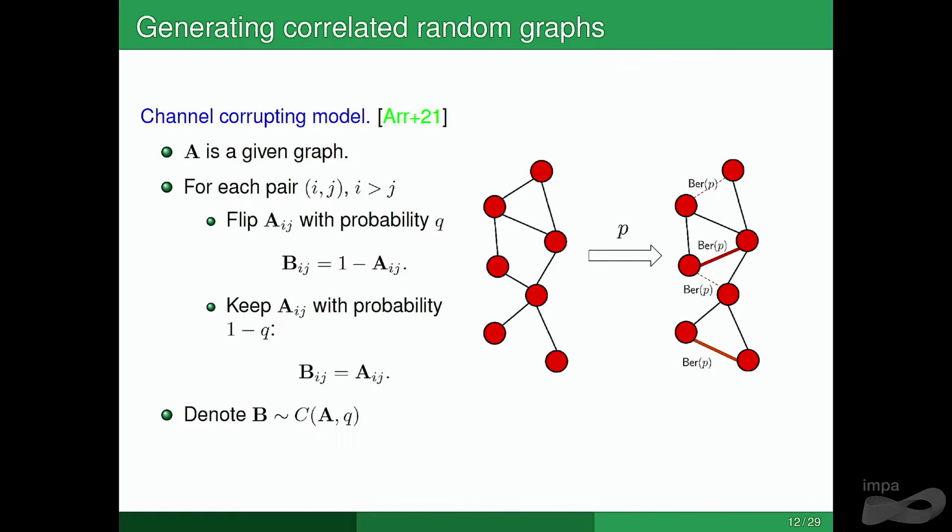So these are the two extreme cases in this method. One of the advantages of looking at the graph in this way is that we can plug in any graph that we want, and we can just focus on the structure of this graph and see how this affects the feasibility of solving the graph matching problem. I'm going to talk more about this in a minute, but I just wanted to introduce the two ideas of generating graphs.